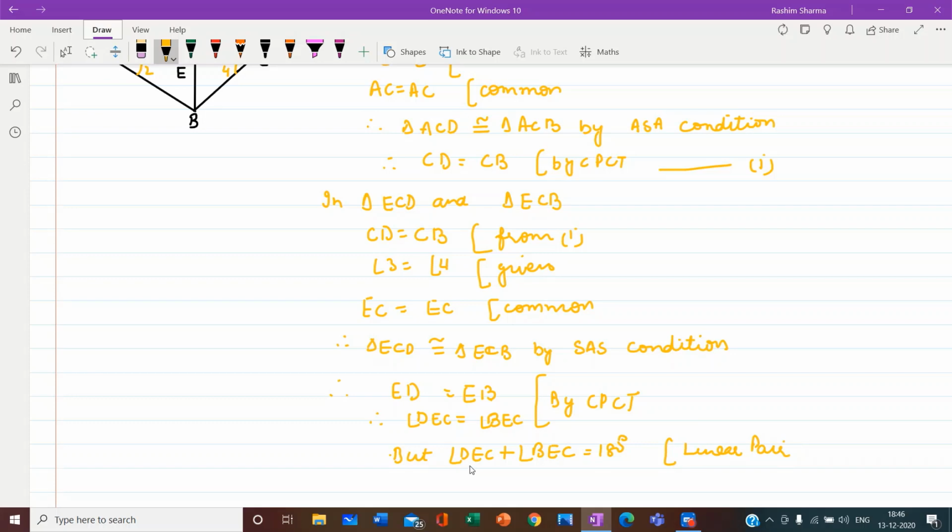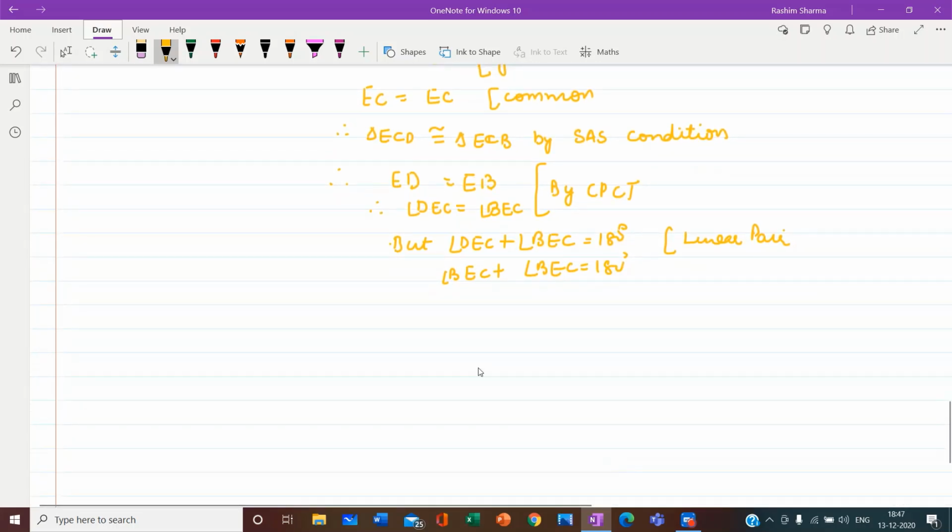Okay, so if in place of DEC I will put its value BEC, I will get here BEC plus angle BEC is equal to 180 degree. Now 2 times angle BEC is equal to 180 degree. It means angle BEC is equal to 180 on 2, that is 90 degree. Therefore angle BEC is equal to 90 degree.